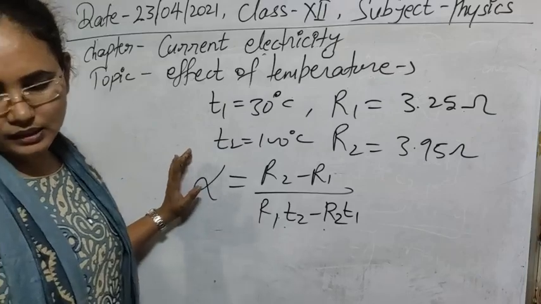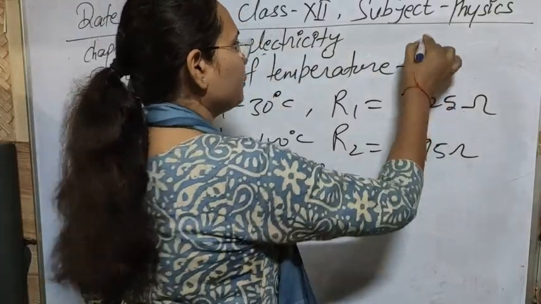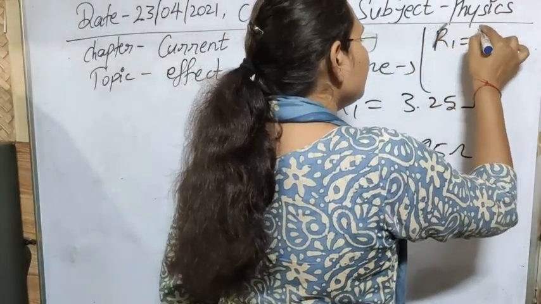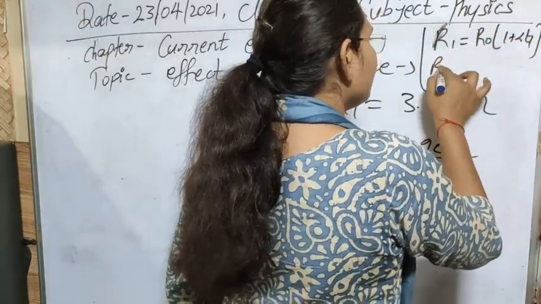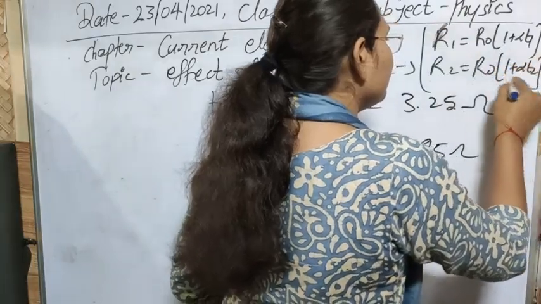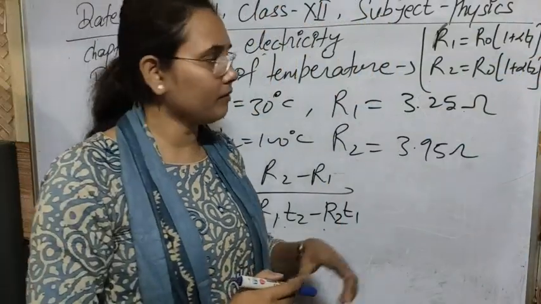If you have to derive that formula, you can derive it from R1 equal to R0 (1 plus alpha T1), and R2 equal to R0 (1 plus alpha T2). So from these two relations you can easily derive the value.